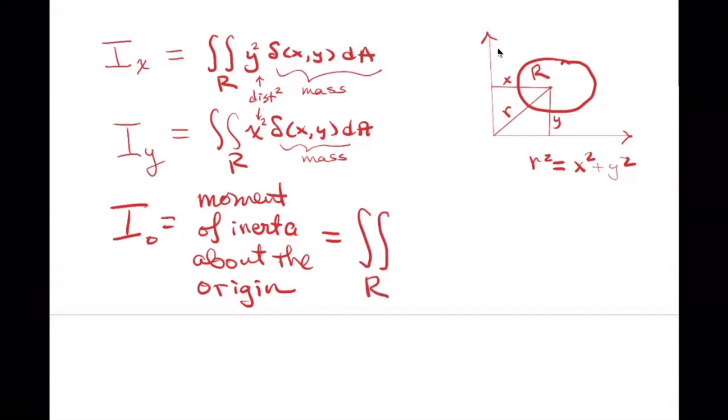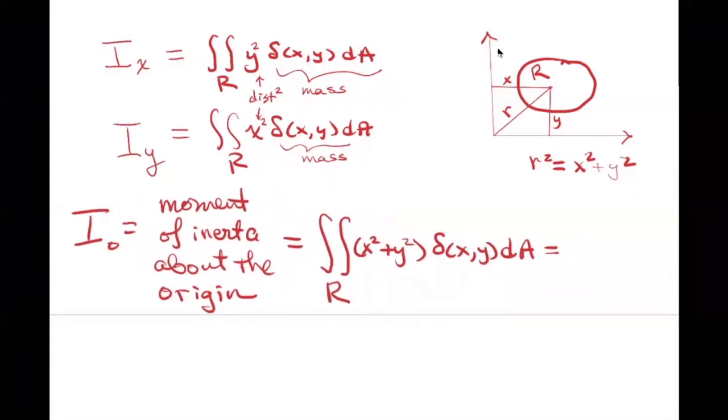But r squared is x squared plus y squared. And then you multiply by mass, which is mass density at each point times differential area. It's not too big a stretch to see that you don't have to evaluate that integral if you have already done the other two.